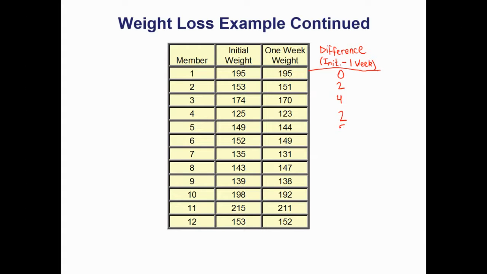Next: 5. Next: 3. Next: 4. I got negative 1 on the next one. That's all right. 1, 6, 4, 1. Good. So now we can actually put those into list 1 and do one variable stats on them.